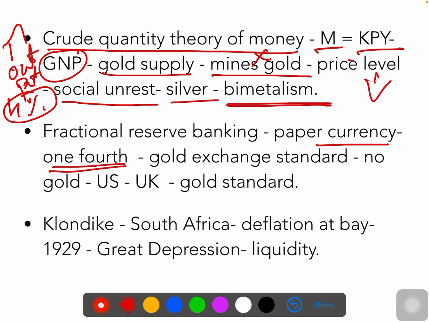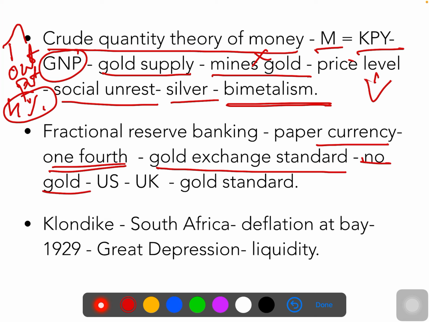Another way of economizing gold was the gold exchange standard, adopted by many countries, which kept their money exchangeable at fixed prices with respect to gold, but held little or no gold at all.